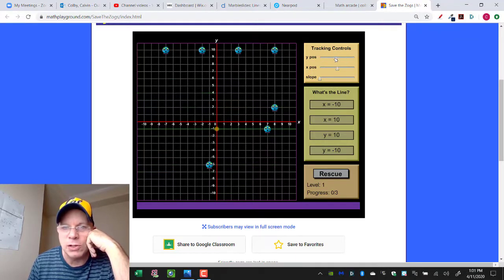That's not necessarily the line that you want, but you can move this line around to try to visualize the line you want. The X position moves this little dot. The slope changes the slope of the green line, and once you change the slope, you can move the line around to where you want it to be.